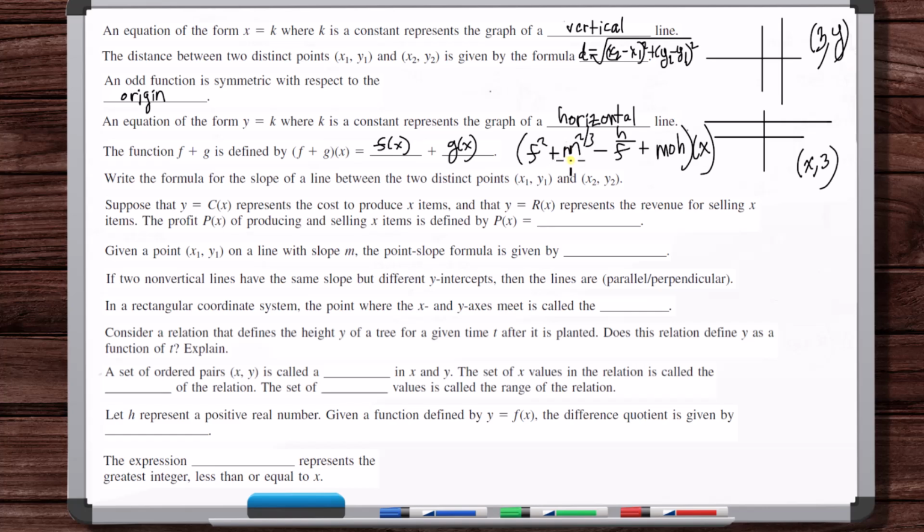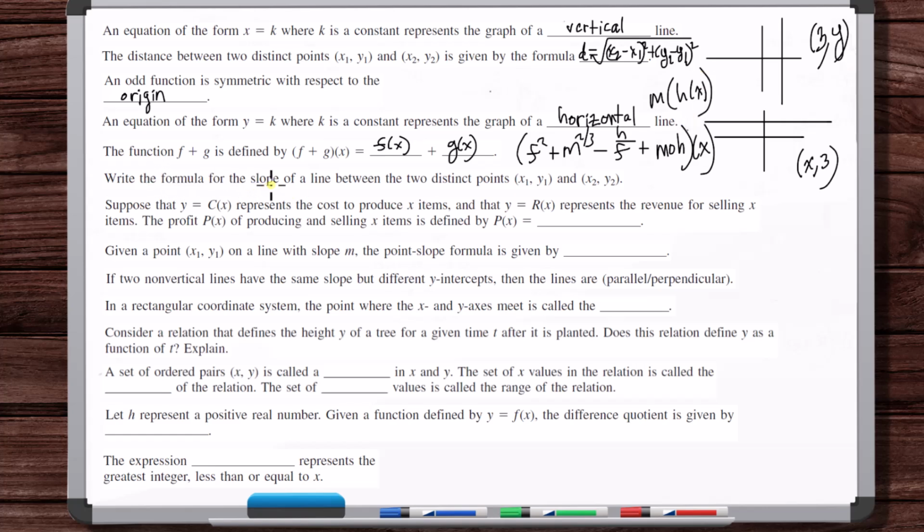That's how you evaluate the domain. You'd also have to look at the domain of a composition of functions. The domain of h of x, we already talked about that, but the range of h of x needs to be within the domain of m of x, because you've got m of h of x.